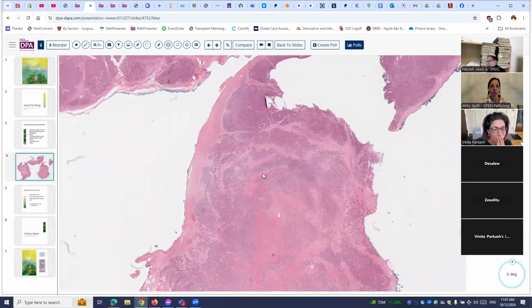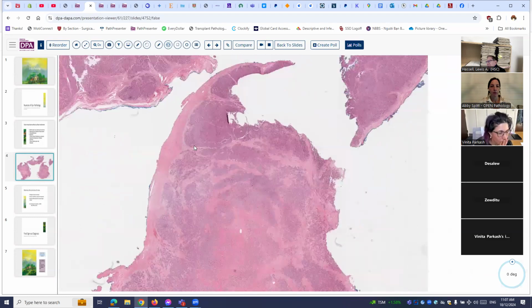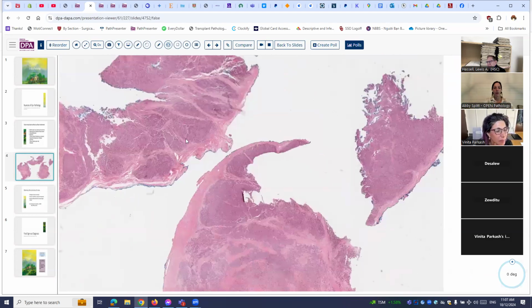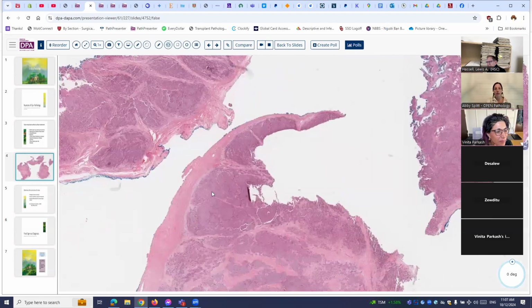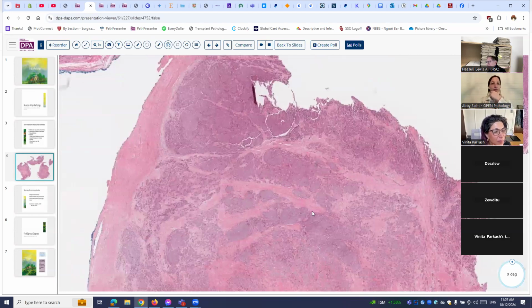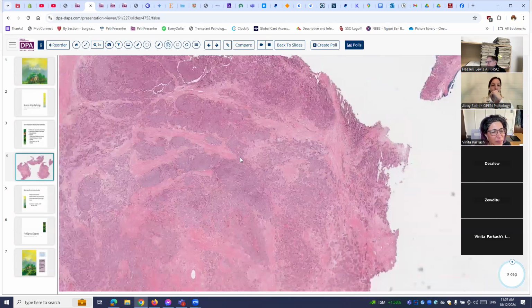Okay. I see nests of cells, blue, darkly stained cells, infiltrating into the stroma. And there is a hyperkeratotic lining epithelium, I think.